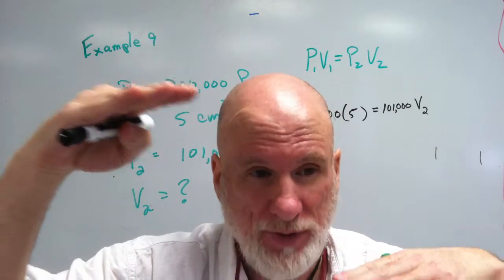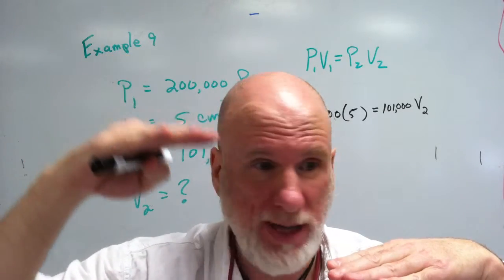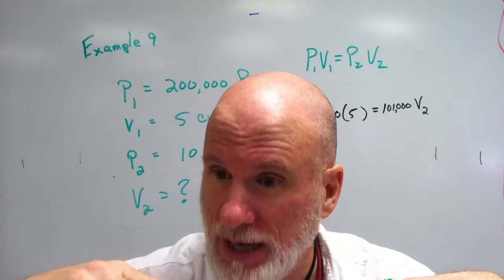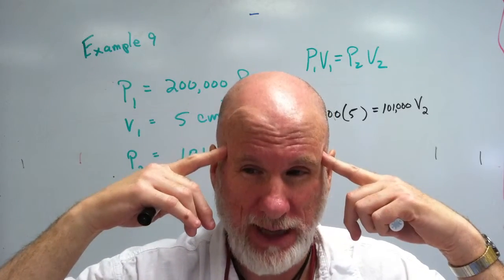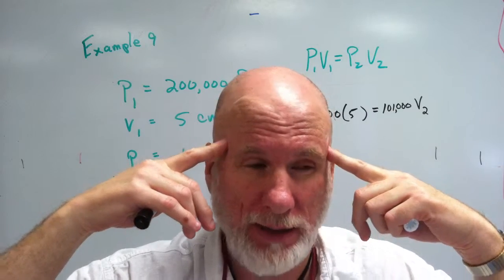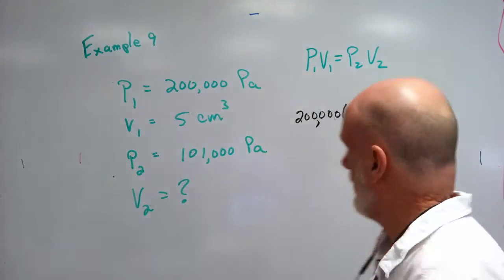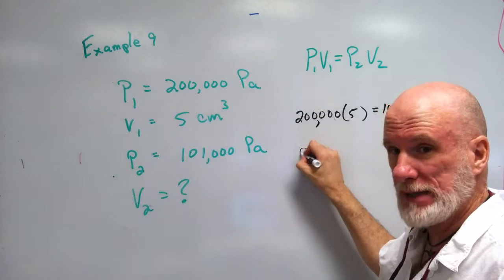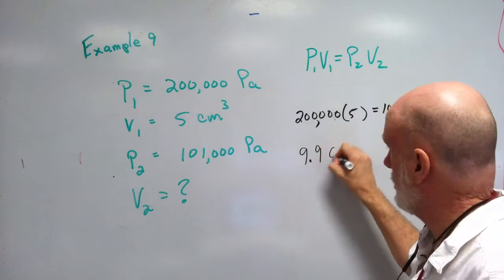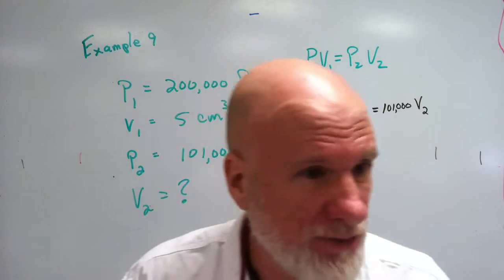If you halve the pressure, you double the volume. You double the volume, you halve the pressure. You double the pressure, you halve the volume. You understand Boyle's law? Volume and pressure are inversely proportional. So the answer would be 9.9 cubic centimeters. Now, let's change that to cubic meters just for a second.